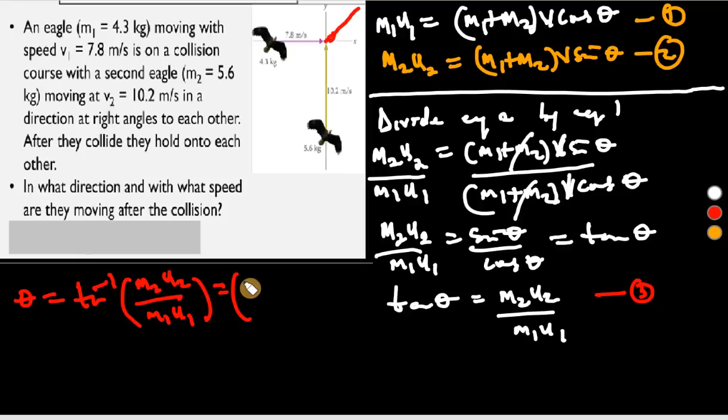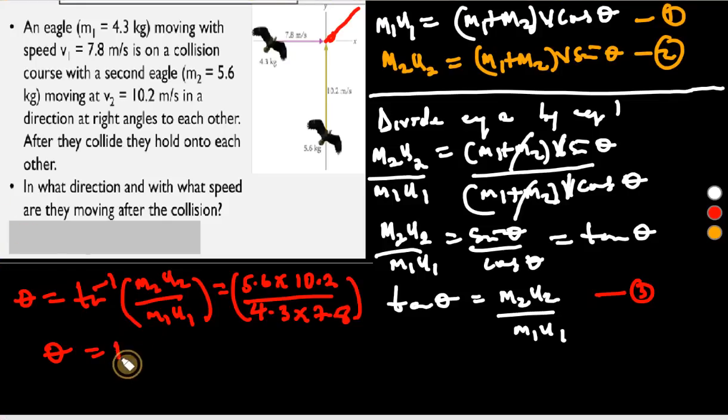The mass of the second eagle is given as 5.6. The velocity is given as 10.2. The mass of the first eagle is given as 4.3, and the velocity is given as 7.8. So theta equals tan inverse of 1.7, which, if you round it to the nearest 10, is approximately 60 degrees.